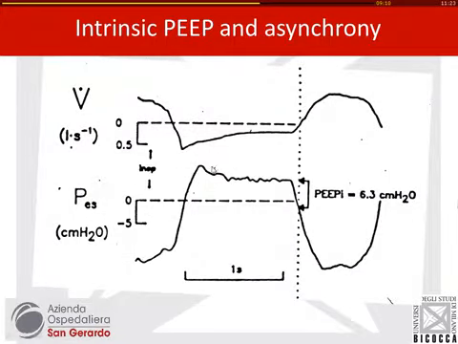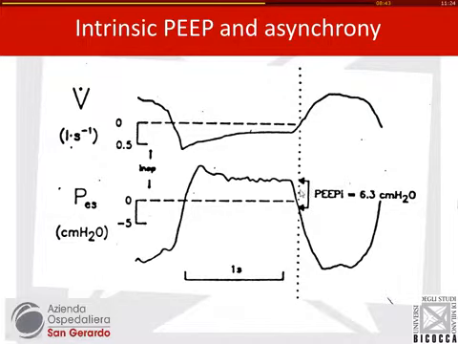This is a very famous example of what I've shown you. This is esophageal pressure. This is flow. You see that here the patient starts to breathe, starts to create a negative pressure, but until the diaphragm generates 6.3 centimeters of water of pressure, there is no flow.